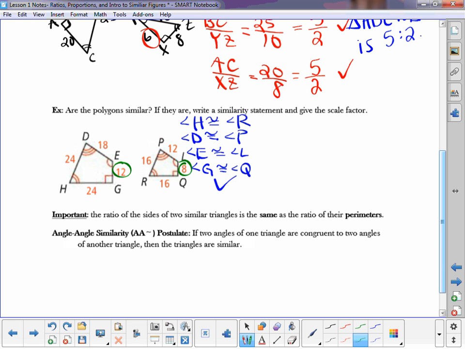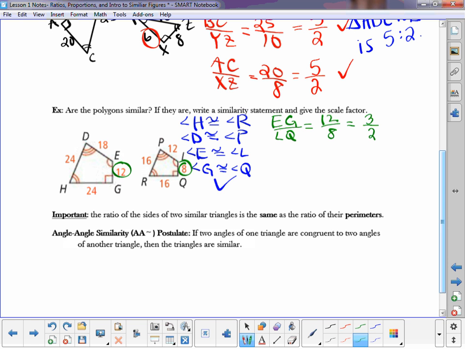So I am comparing EG with LQ. The measure of EG was 12, the measure of LQ was 8, and what does that simplify down to? 3 over 2. So we're hoping to see 3 halves for each of them, but we do need to check that.